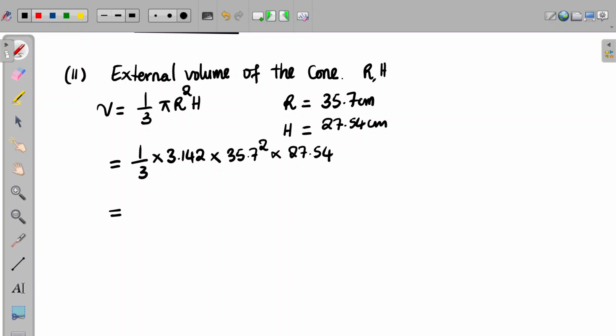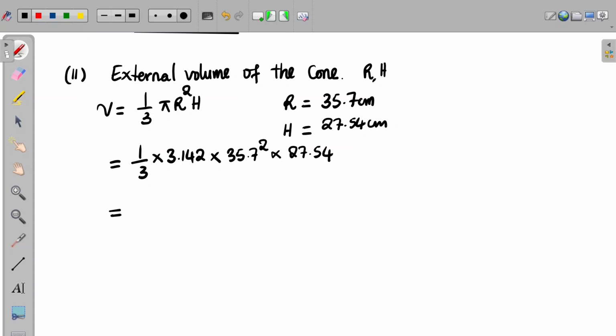I'll say 3.142 times 35.7 to power 2 times 27.54 equals that answer, I'm getting divided by 3.